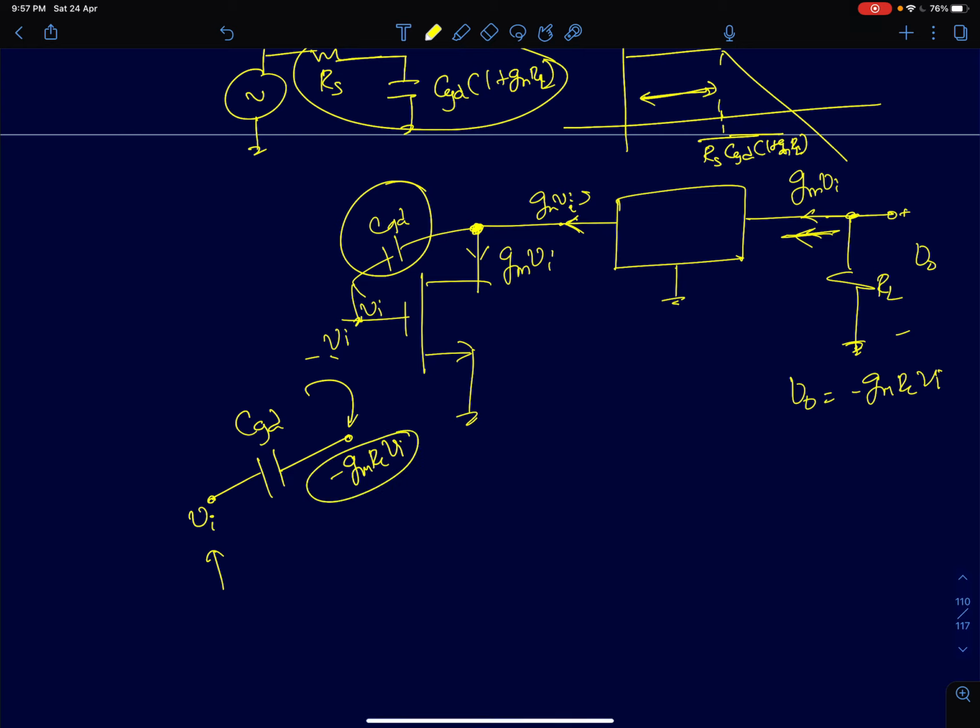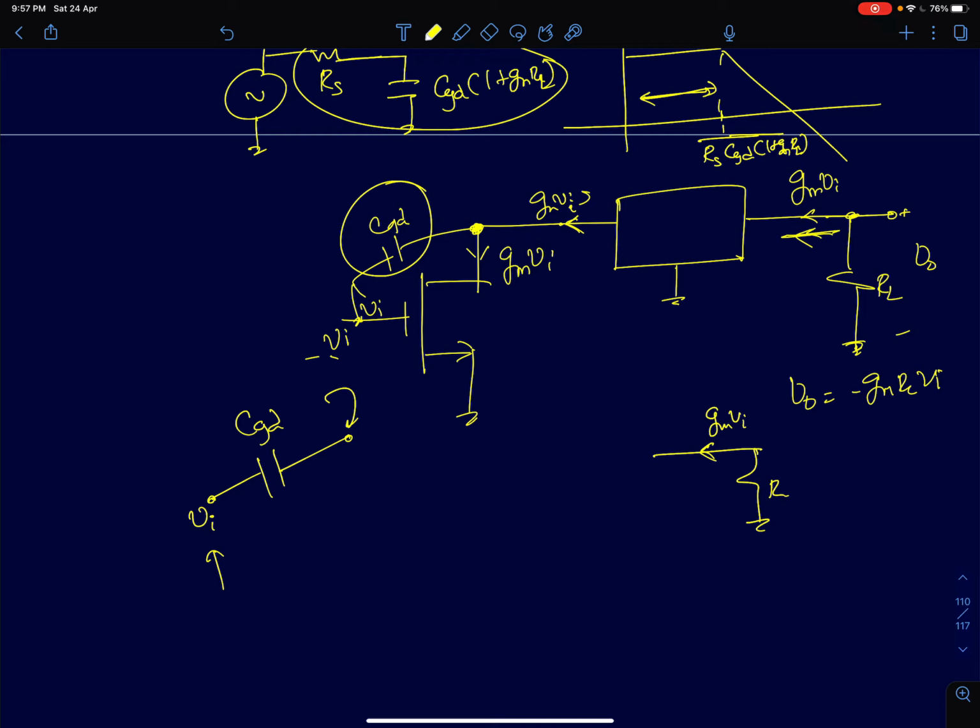Now, what we need to do is that if we can somehow calm down this node, meaning if we can somehow reduce the voltage at this node without affecting the gain of this amplifier. Which means the load resistance RL needs to receive a current of GMVI.